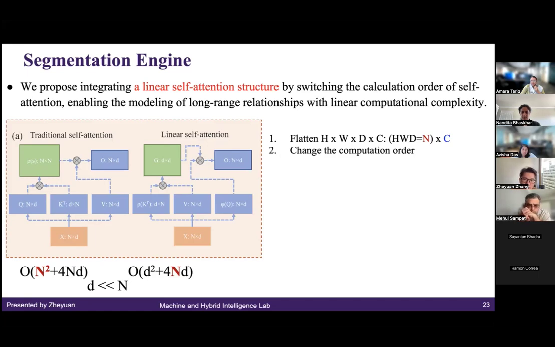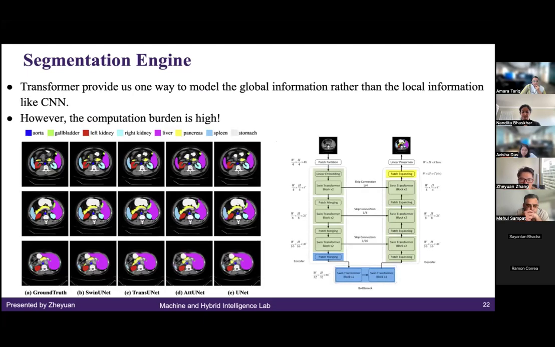But if we calculate the product between K and V first, then the size of this matrix will be D by D rather than N by N. By changing this computation order, we can significantly reduce the computation burden.